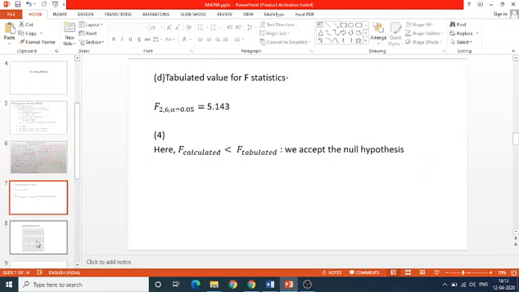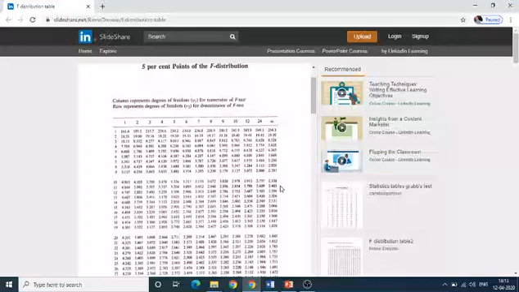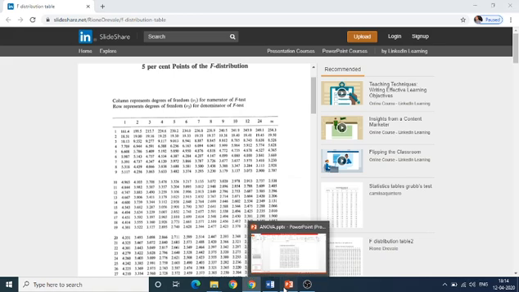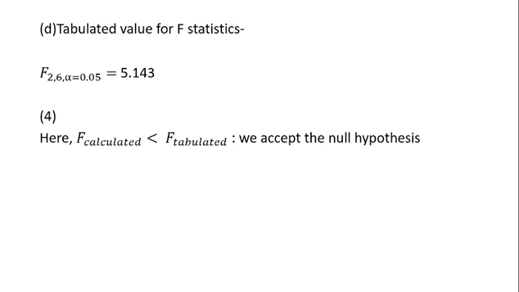This table is the 5% point of the F distribution. So nu1 value is 2 and nu2 value is 6. The corresponding value is 5.143. Okay, so the value is 5.143.